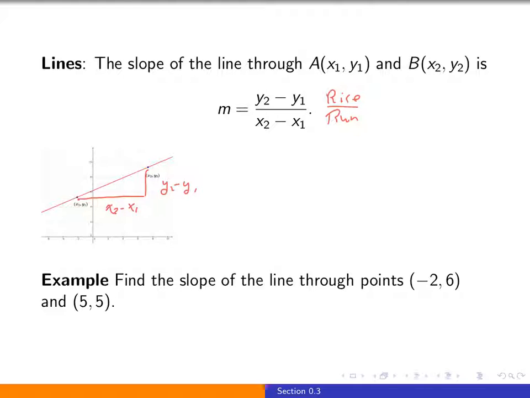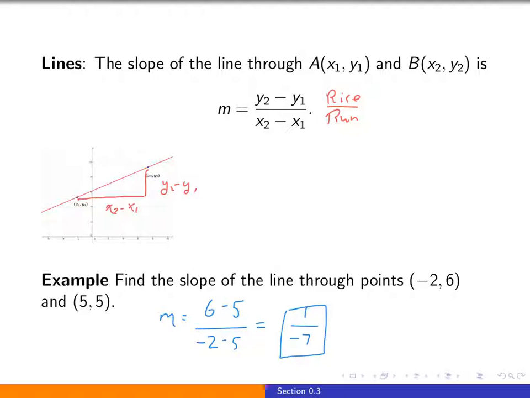change. So let's find the slope of the line through points (-2, 6) and (5, 5). So the slope is going to be the difference of their y values, so 6 minus 5, over the difference of their x values, -2 minus 5. So 1 over -7.